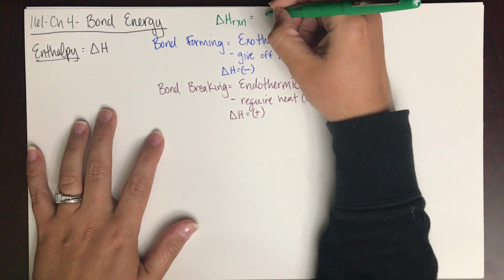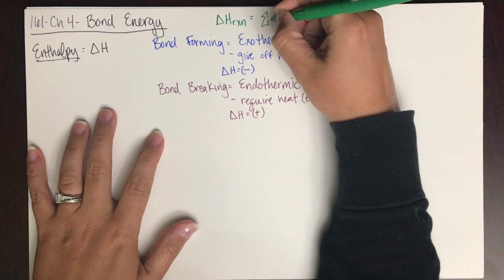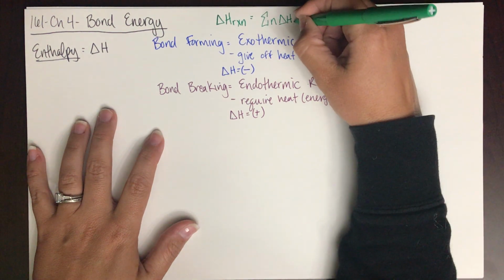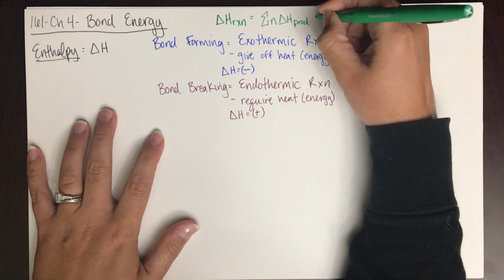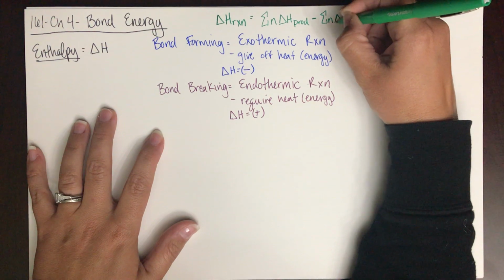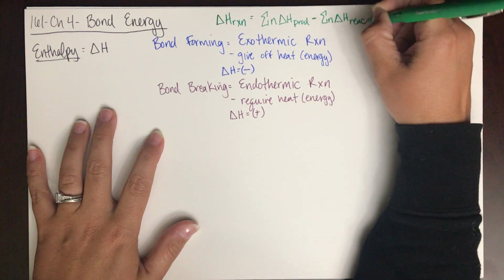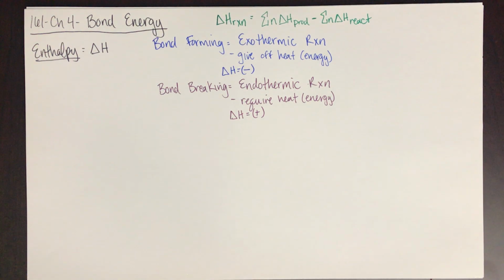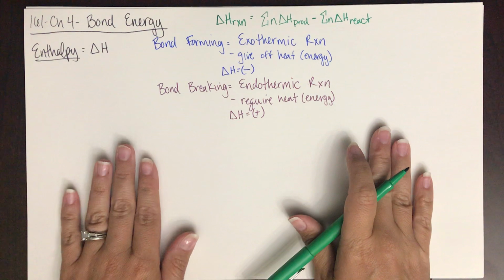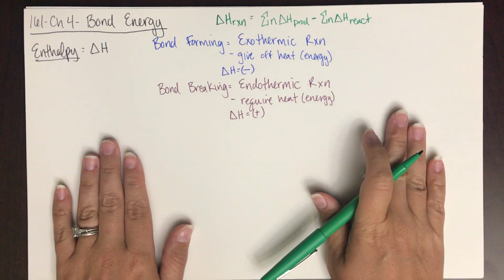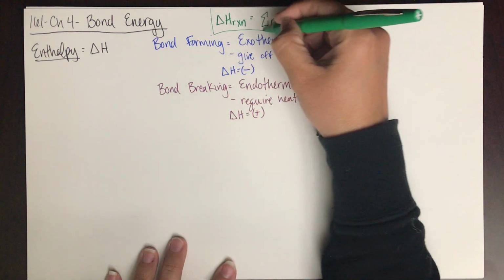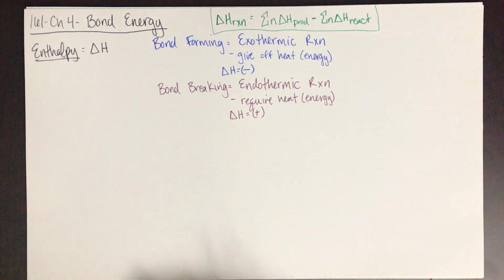So essentially it's the sum of the number of moles of the enthalpy change of the products minus the sum of the number of moles of the enthalpy change of the reactants. So when you have a chemical equation, reactants are on the left, products are on the right. It's always final minus initial to get the overall change. So this is the equation that we're going to use.